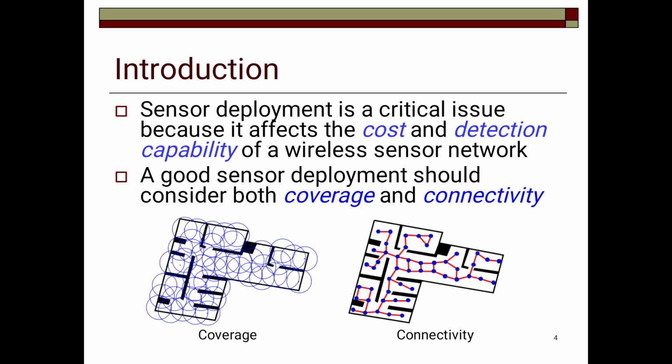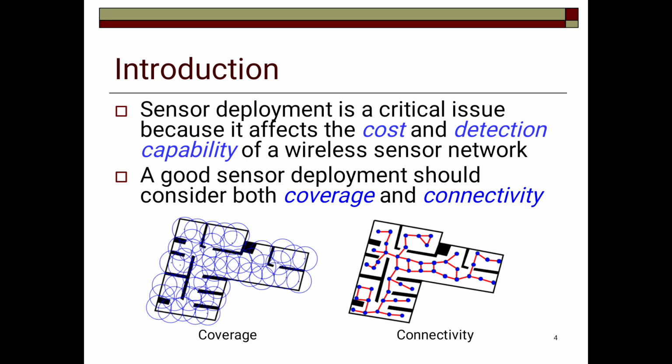For example, here he has taken an office. There are many circles, and at the center of each circle is a node or a WSN device, IoT device, and you need to place the sensor devices so that they don't overlap each other.